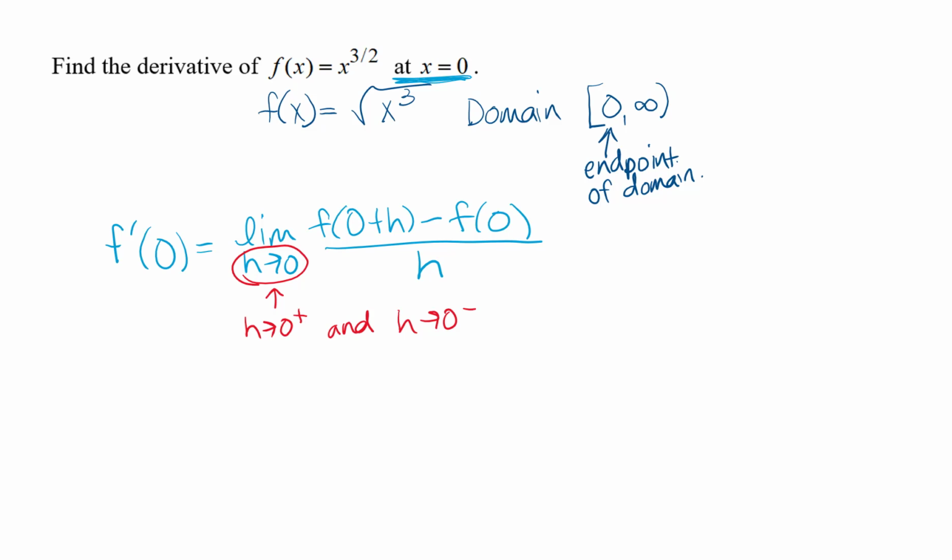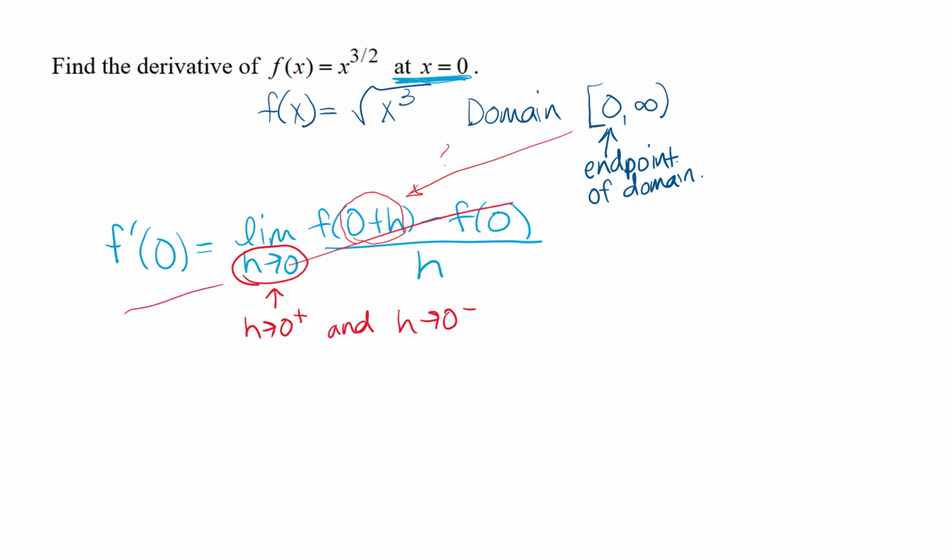But if I think about the domain of this function, when we're talking about h approaching 0 from the left and the right, when h is less than 0, this 0 plus h would be less than 0 and not in the domain of that function. So this is what it's talking about when it's talking about using appropriate one-sided limits. For this function, if I'm going to define the derivative and be really correct about that, technically what I have written here needs a little bit of a modification.